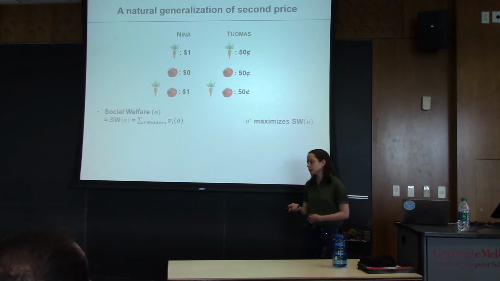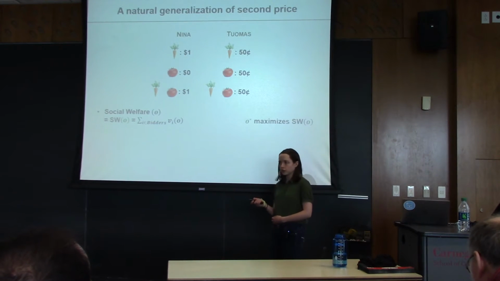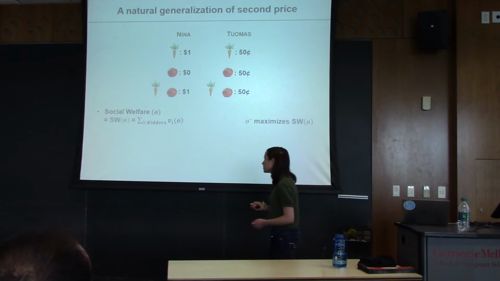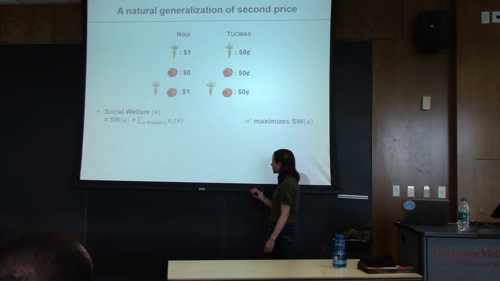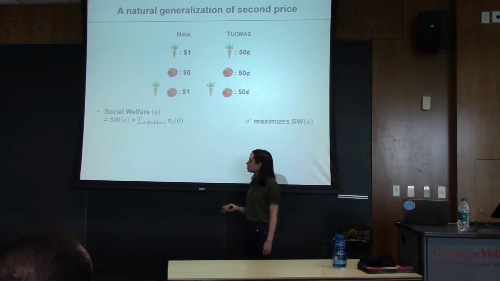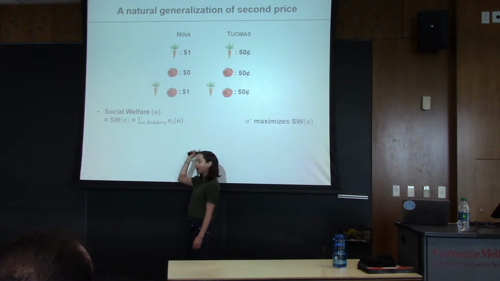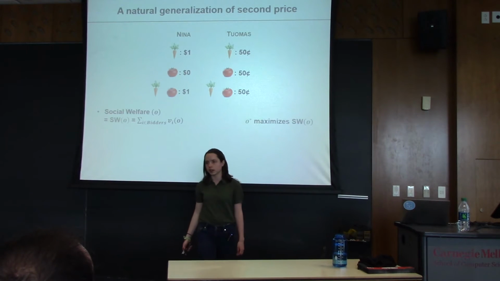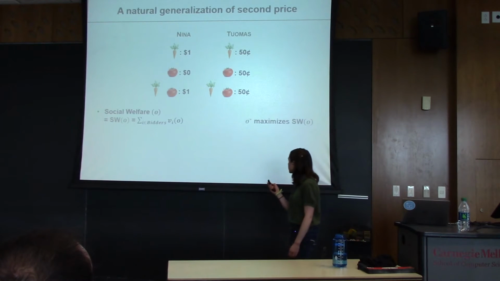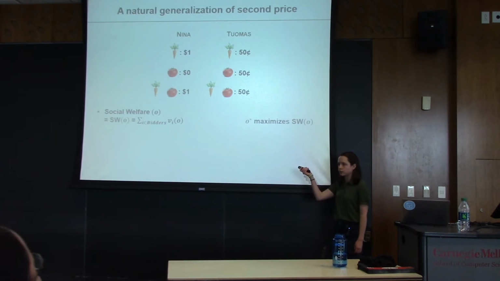To do this, I need to define the social welfare of an outcome, a term I already used. Here's what it means for the multi-bidder case. The social welfare of an outcome is just the sum of the valuations of the bidders for that outcome. It's pretty simple. And let's say that O star maximizes the social welfare.